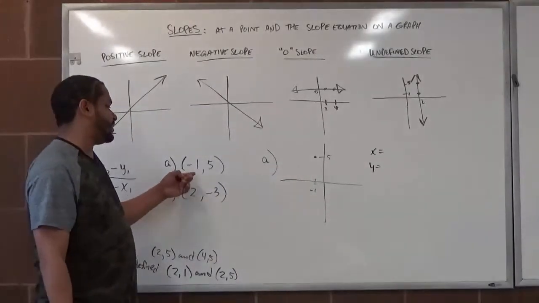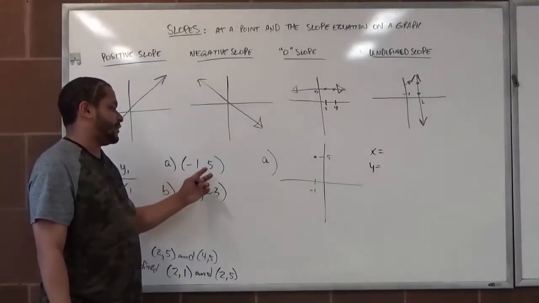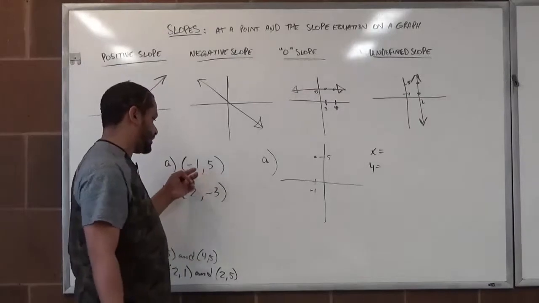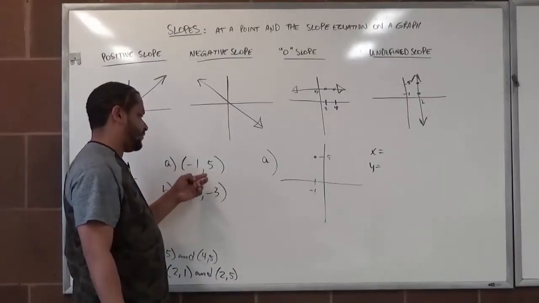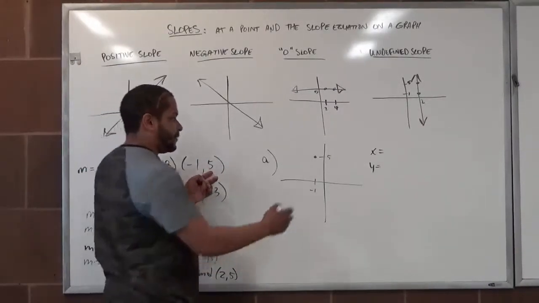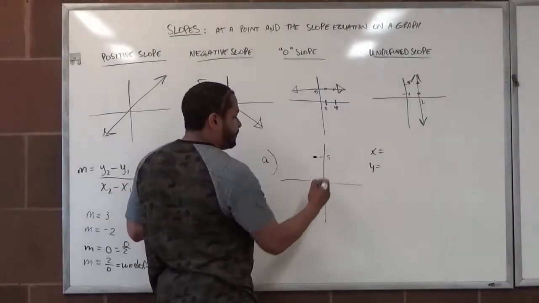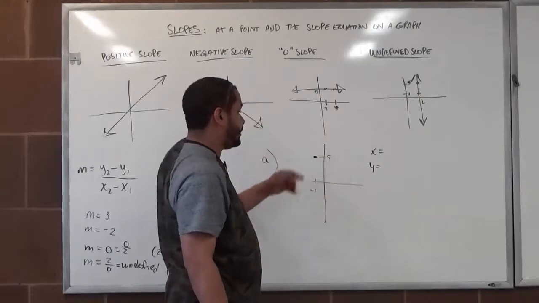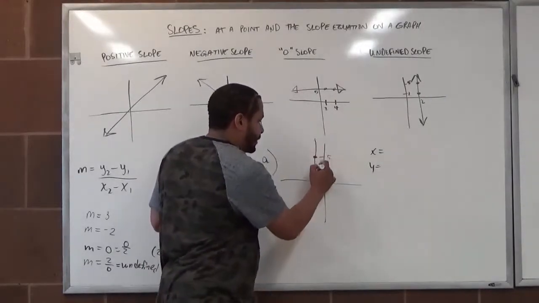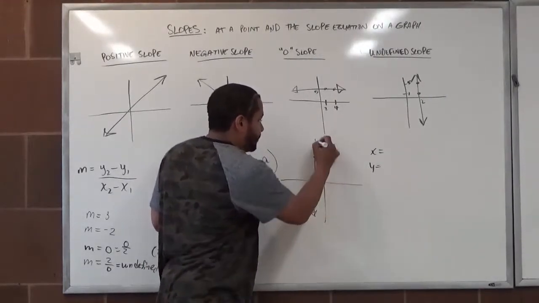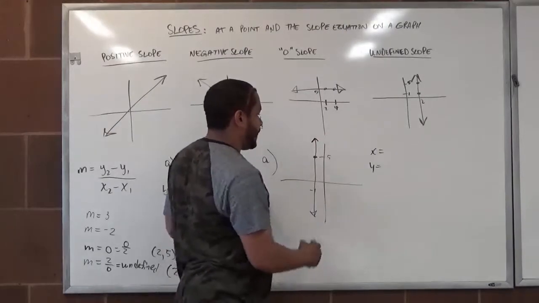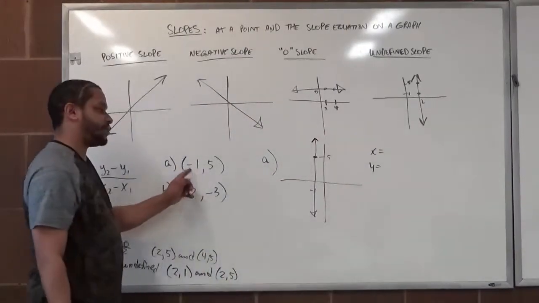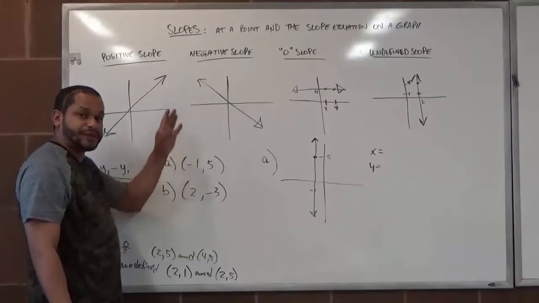Since the coordinate is x equals negative 1 and y equals positive 5, the coordinate is here, negative 1 and 5. The x line, which is the vertical line, goes directly through the coordinate point vertically, so x becomes the x-coordinate of the equation for the vertical line.